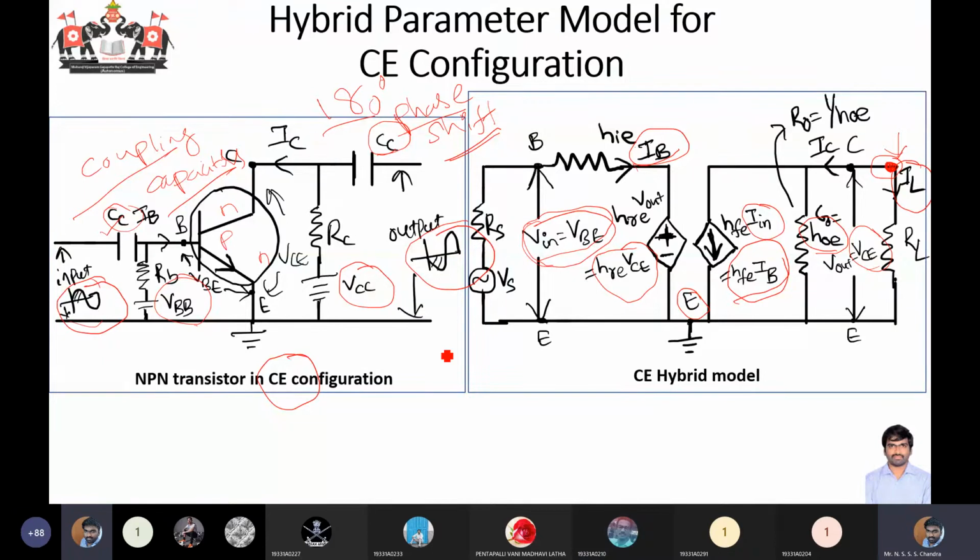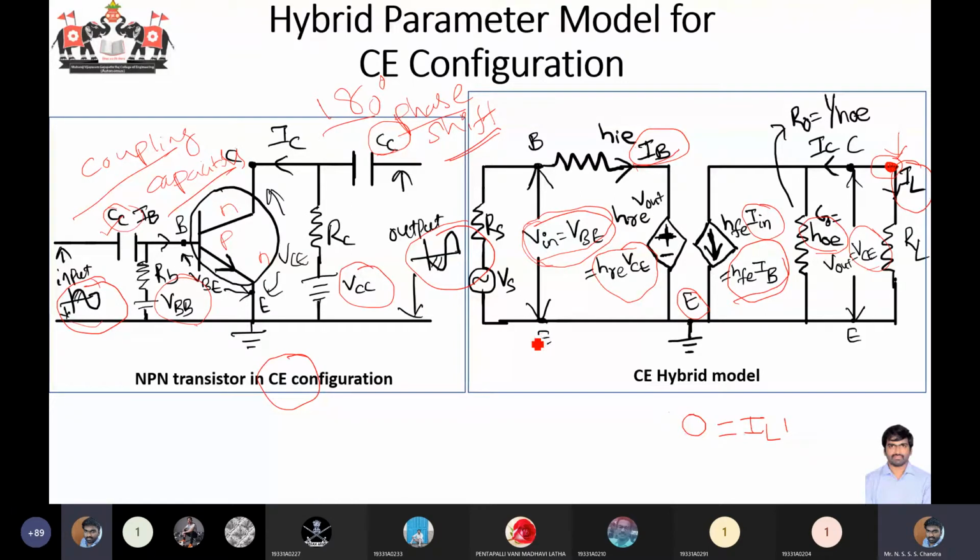So what are the incoming currents for this node? Are there any incoming currents? There are no incoming currents. So incoming current is equal to 0. Okay, what are the outgoing currents? IL. And is there any other outgoing current?